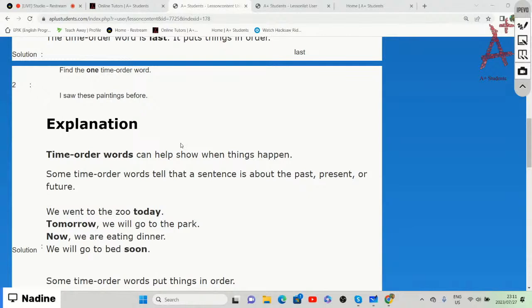So now it does not give us first, second, third, today, tomorrow, lastly, soon. We need to try and find out what time order word shows us when things happen within the sentence. I saw these paintings before.